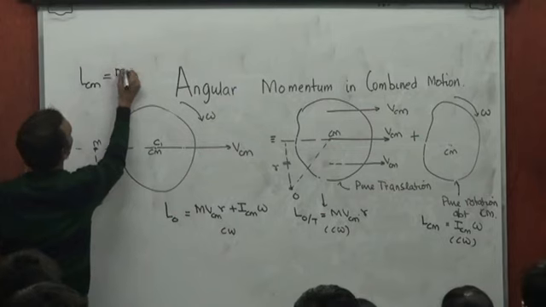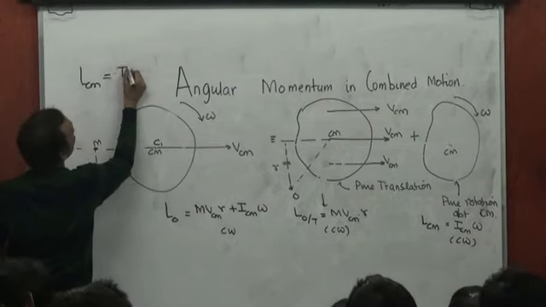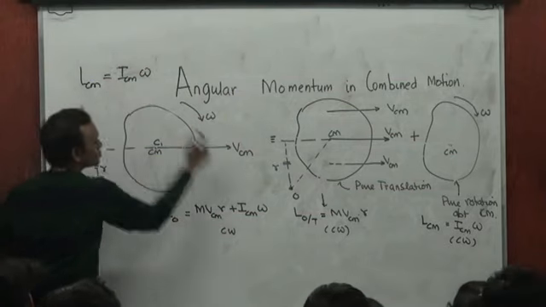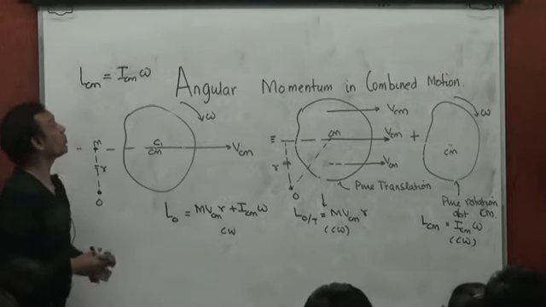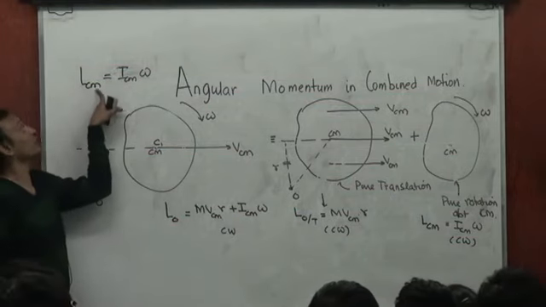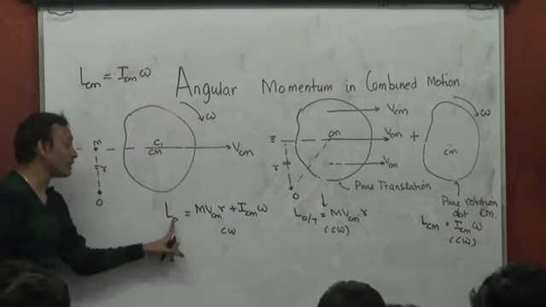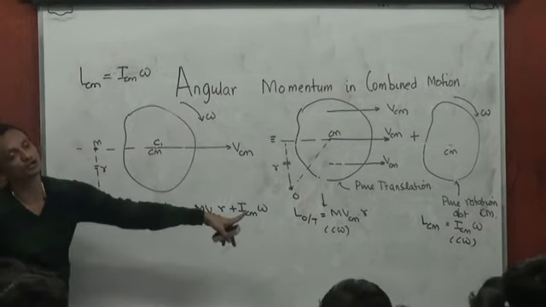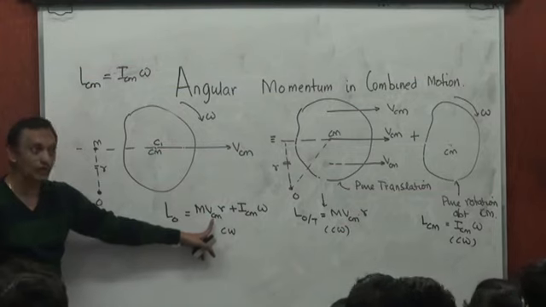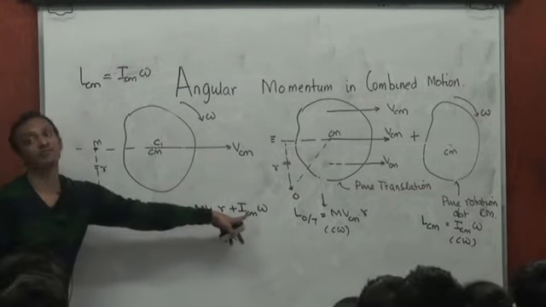So it's simply going to be I CM into omega. That's angular momentum about the center of mass in general rigid body motion. This is L about any point O in general rigid body motion. It has two terms. One will depend on where O is located. The second term will not depend on where O is.